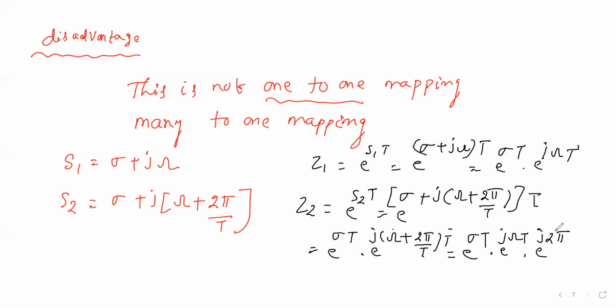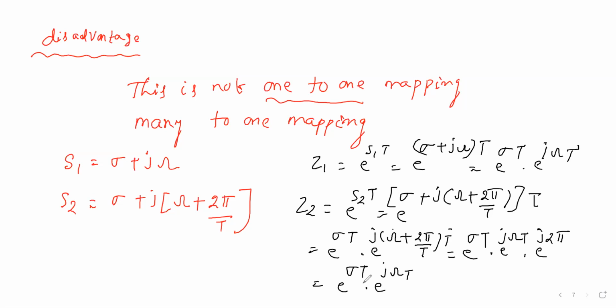Then what is the value of e to power j 2 pi? What is the value of e to power j 2 pi? 1, sir. 1. Then this is your e to power sigma t multiplied by e to power j omega t. Now see, Z1 and Z2, both are same or different?